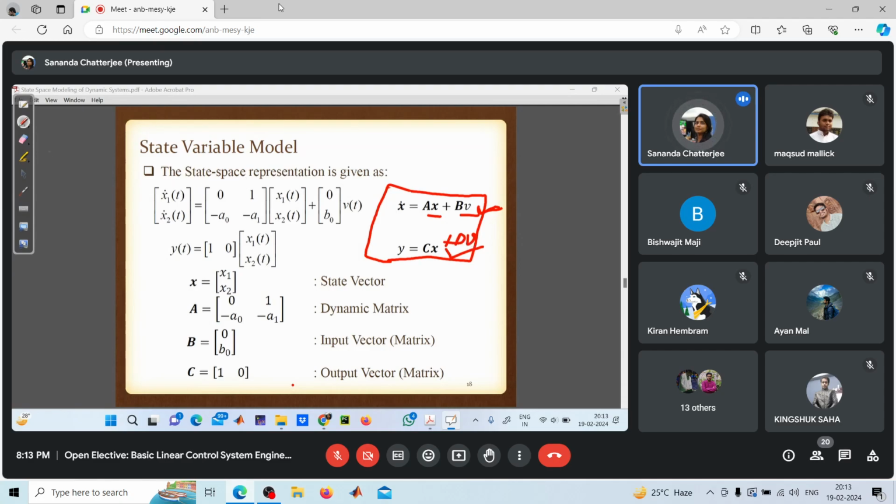Okay, for the example we have taken, there is no D matrix. You can consider the D matrix as 0 for this example, but in general the representation is like this. Okay, so for a linear system, this state space representation is actually a matrix representation. The purpose of the mathematical model is actually to analyze the system.